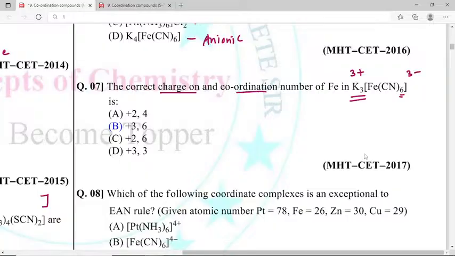For the charge on Fe, let it be X plus 6 CN. CN stands for minus 1, equal to minus 3. So X minus 6 is equal to minus 3, so X is equal to plus 3. So the charge on iron is plus 3, the oxidation state of Fe.